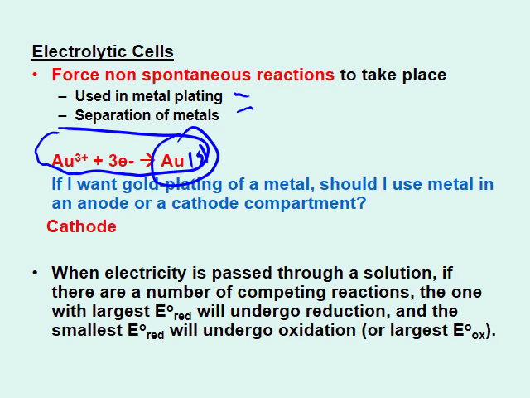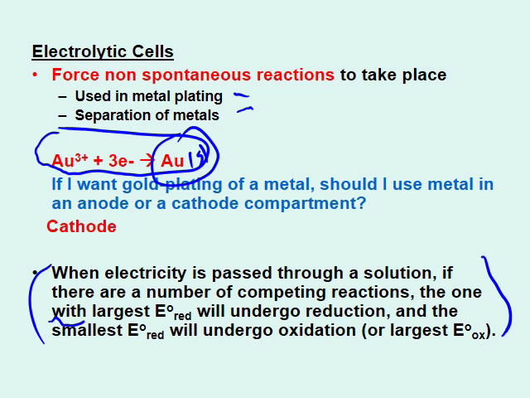The other point that I would like to make here is the following. If I have a number of different ions present in the solution and you are passing electricity through the solution, obviously you'd be thinking in terms of competing reactions. All of those ions could be competing for receiving electrons. In those situations, keep this in mind.